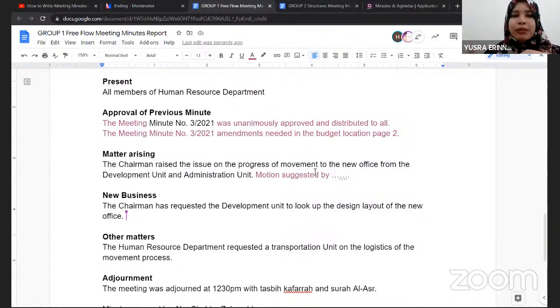Maybe the head of the development unit said that almost all of the filings have been moved to the new office, things like that. So you need to include the motion or action taken. I understand because we did this too quickly, so it's okay.